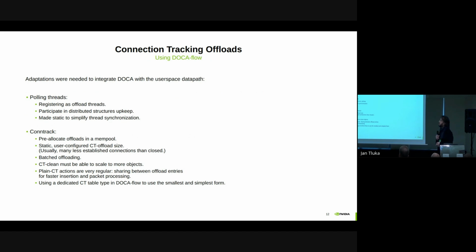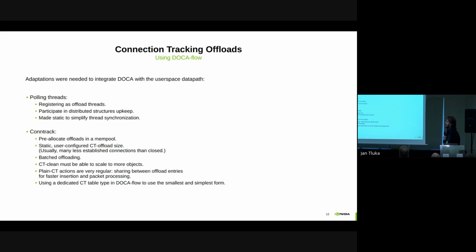Well, we had to change a few things. First, in the polling threads, the actual processing of the packet now becomes part of the offloading process. So we want to register those polling threads as also offload threads. So you have a slightly more dynamic offload thread pool.